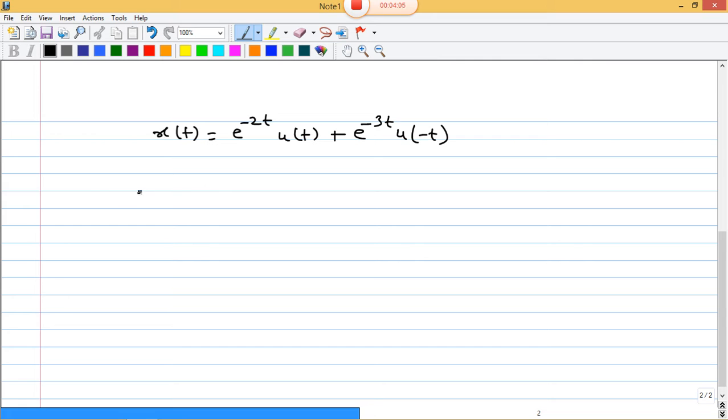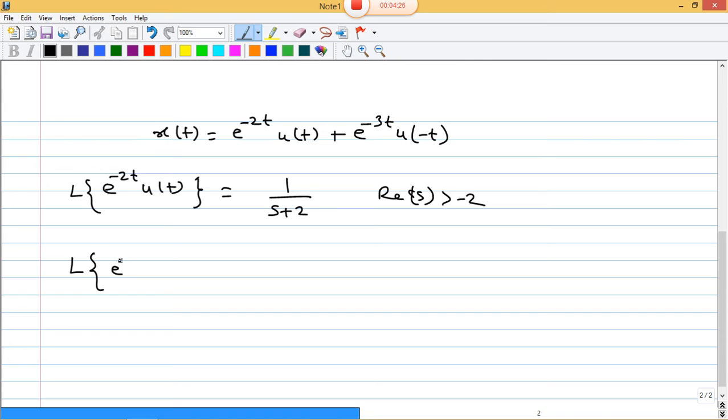What will be the Laplace transform for this one? It is similar to the previous one, 1 by s plus 2, and the ROC will be greater than minus 2.